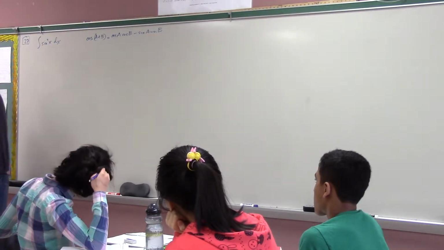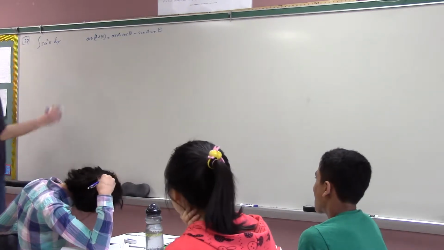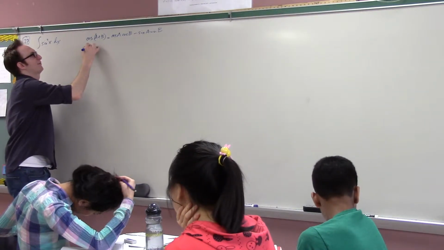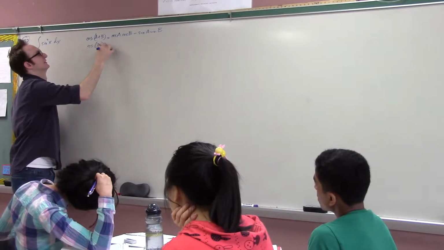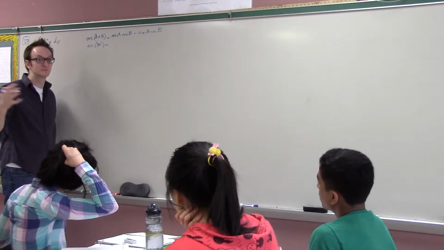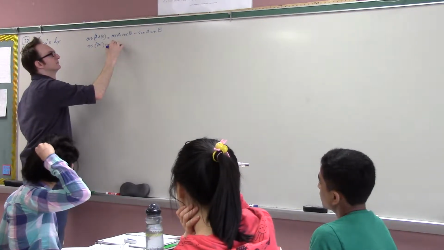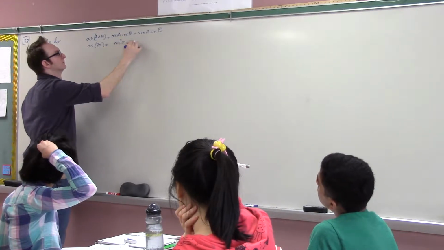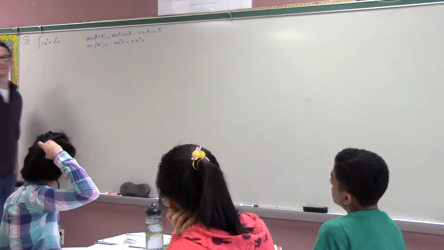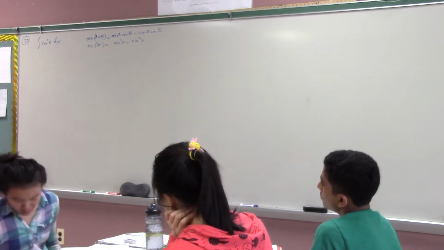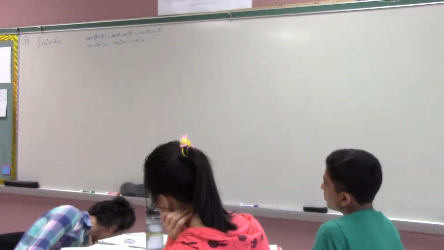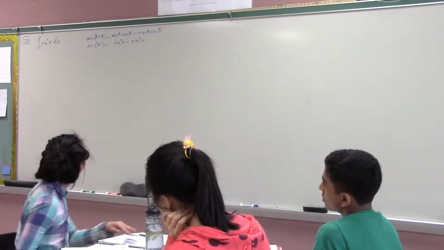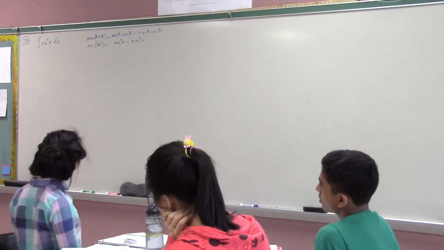Therefore, what is cosine 2x? Cosine squared x minus sine squared x. That is one correct formula for cosine 2x.